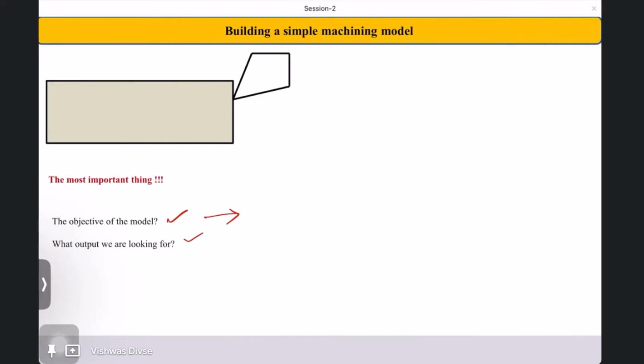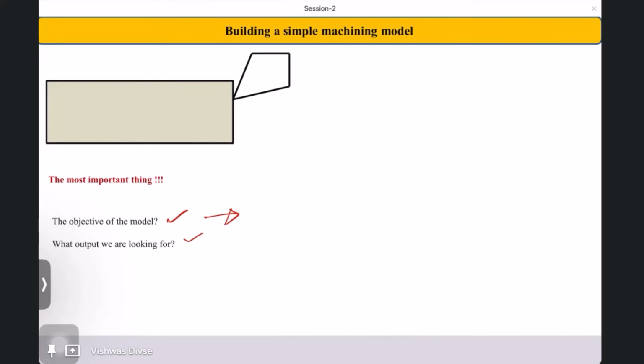If you want to see the heat generation in different regions while machining, maybe you need some more details. If you want to see, let's say, how thermal properties and mechanical properties are affected due to the machining process, you may need certain more details. So the objective of the model is very, very important.